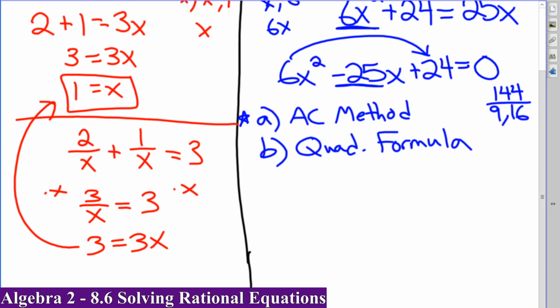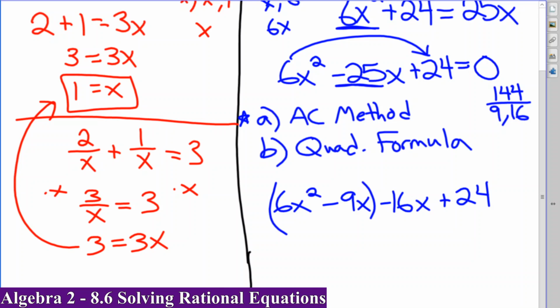I'm going to get 6x squared minus 9x minus 16x plus 24. All we did was break up that middle term. Now I'm going to group them, the first two and the last two, and take out the greatest common factors. The greatest common factor between 6x squared and 9x is 3x.